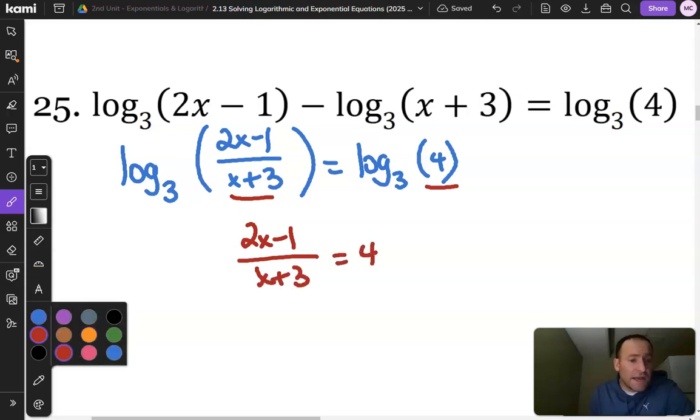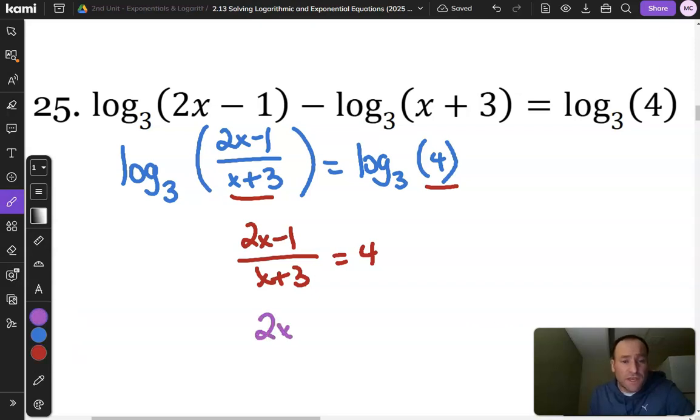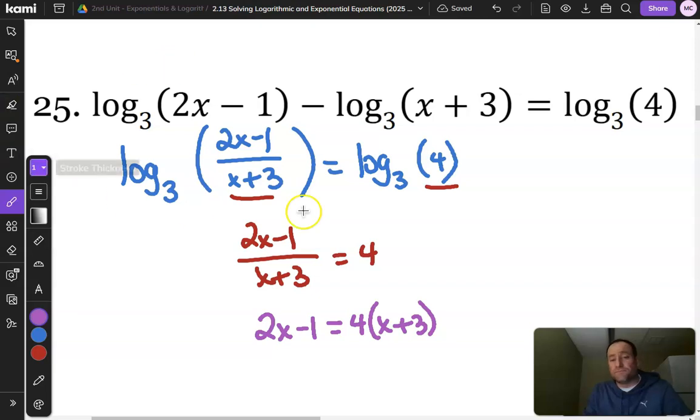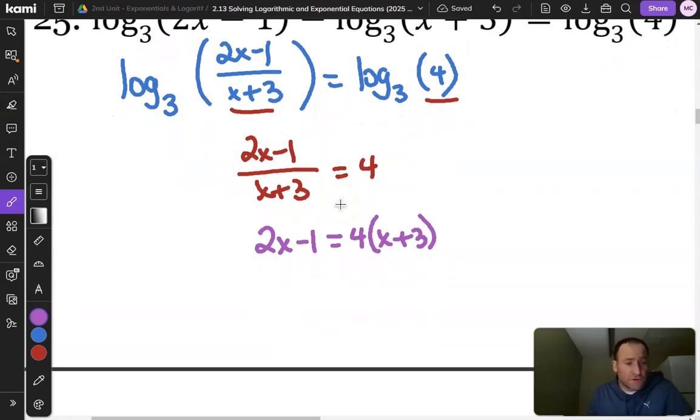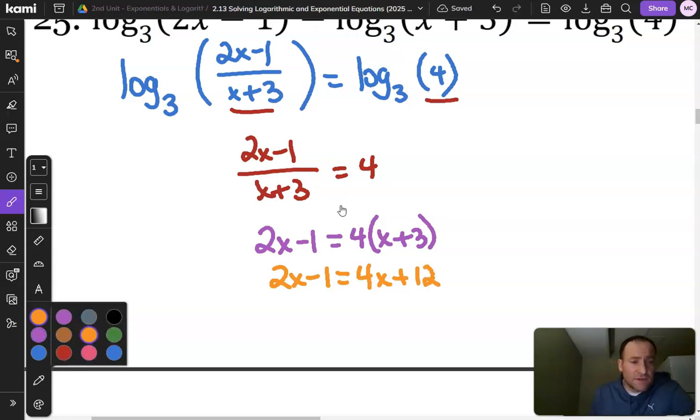So that means, as we've done, we got to multiply out the denominator. So we get 2x minus 1 equals 4 times x plus 3. Yes, we have to use our distributive property and all that good stuff. So we get... And I'm going to combine some steps here.